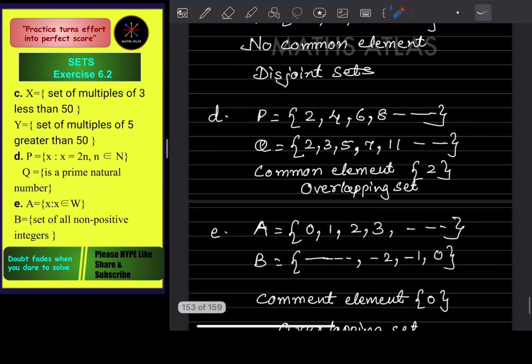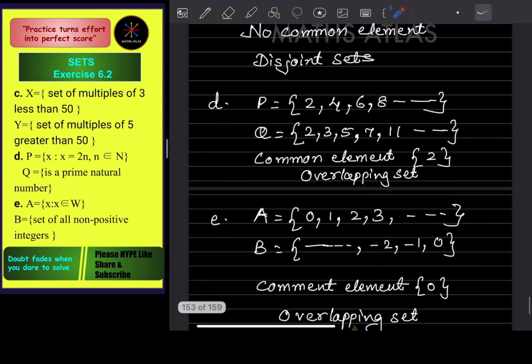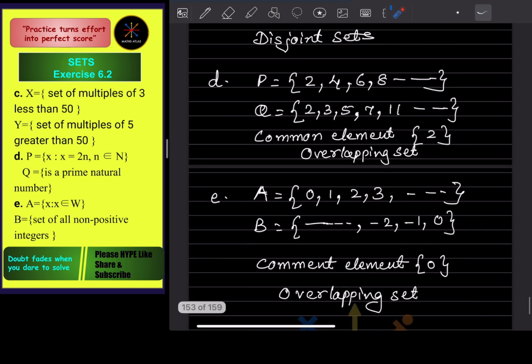For the E part, A is equal to x, where x belongs to W, the whole numbers, and B is equal to set of all non-positive integers. Whole numbers always start with 0: 0, 1, 2, 3, and so on.